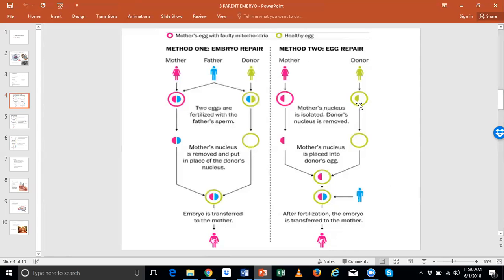Method two, both mother and donor go through the hyperovulation, but no fertilization yet. The nuclear swap is done before the eggs are fertilized, okay? Nuclear swap before, so the cloning is done before.